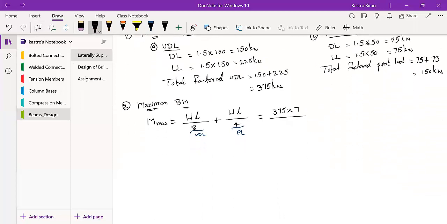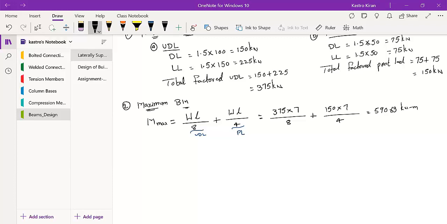So 375 into 7 upon 8 plus the value of W in terms of point load, which is 150 kilonewtons, multiplied by 7 upon 4. If you calculate this value, the answer will be 590.63 kilonewton meter.